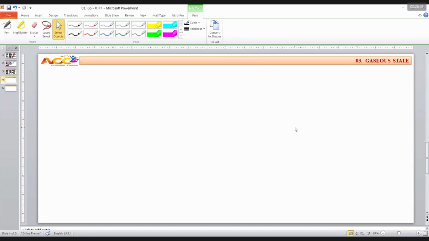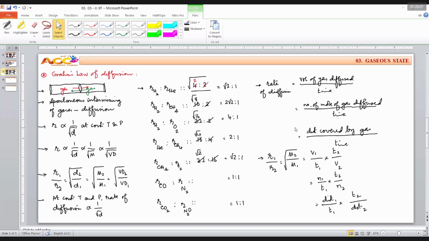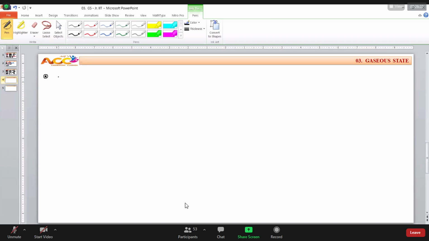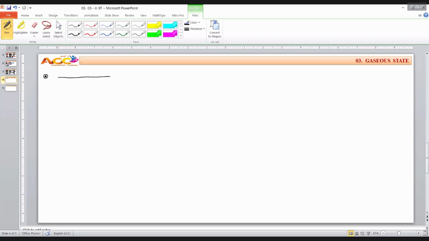if you want to understand the other way of applying Graham's law of diffusion for solving numerical problems, we can apply the concept like this. Suppose, for example, there is a long tube of 100 centimeter length.